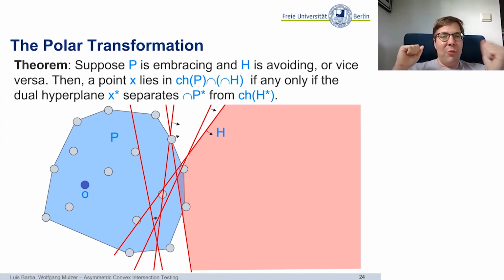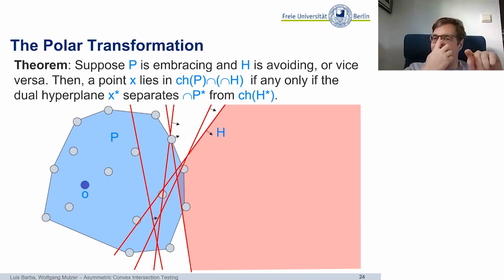So let's assume we have a point set that is embracing, whose convex hull contains the origin, and a set of half spaces that is avoiding, such that no half space contains the origin, or vice versa.